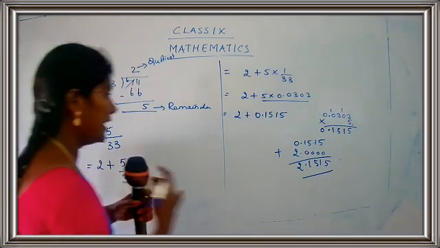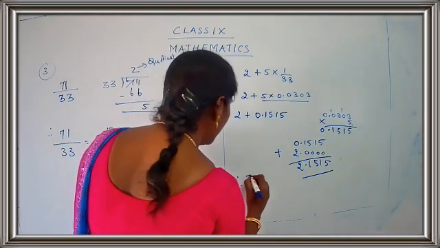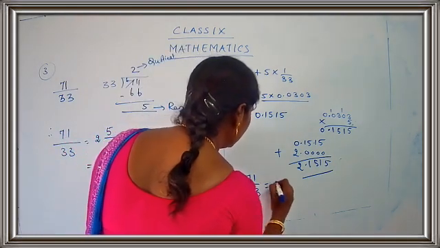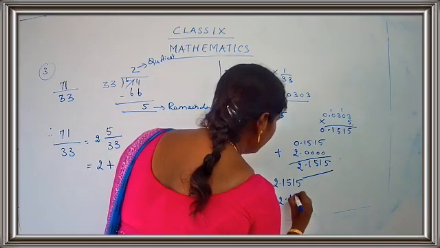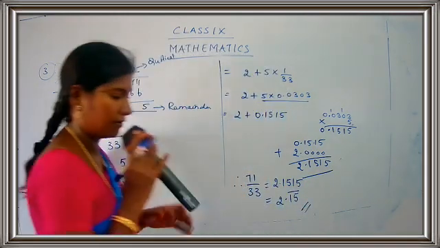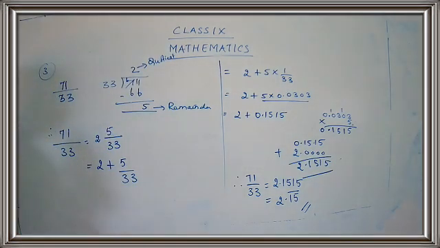So write down, therefore, 71 upon 33 is equal to 2.1515, which is equal to 2.15 bar, because the number 15 is repeated again and again. Which number is repeated here? In 2.1515, the number 15 is repeated again and again. So you have to write it as 2.15 bar.